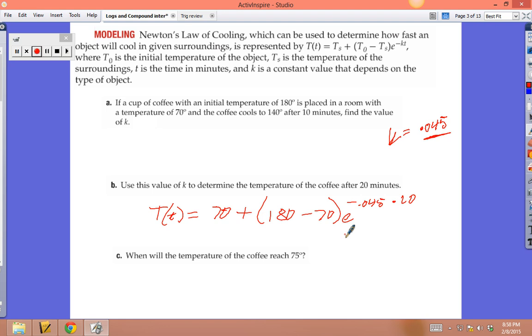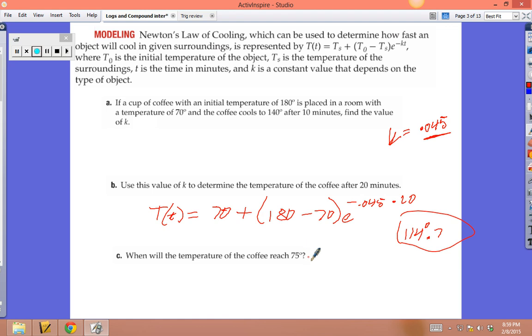So let me do it real quick. 70 plus 110 times e, and I got, it's going to be about 114 degrees, 114.7.